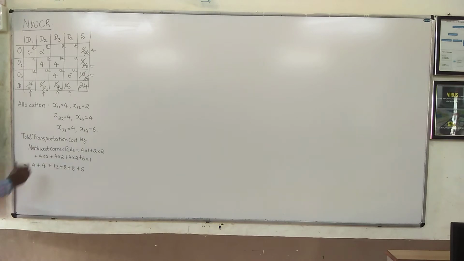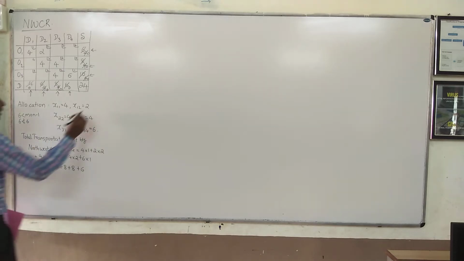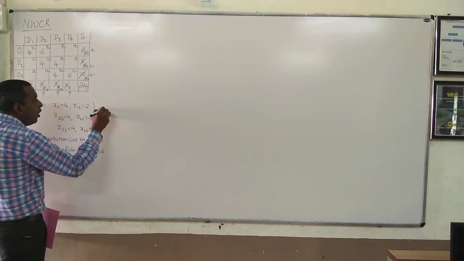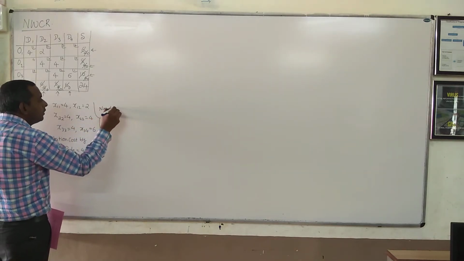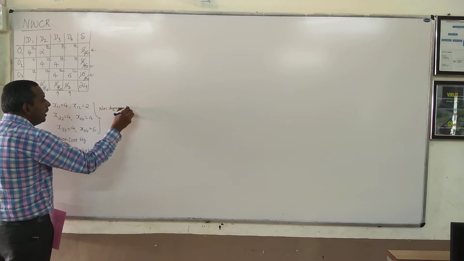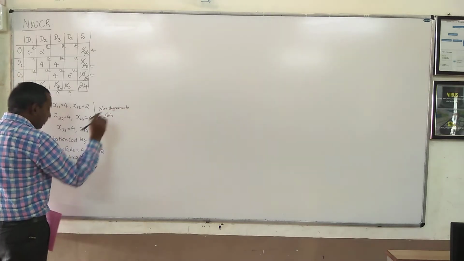So total allocations are 6, which is not less than m plus n minus 1, that is 6. So what happens here? It is a non-degenerate solution.